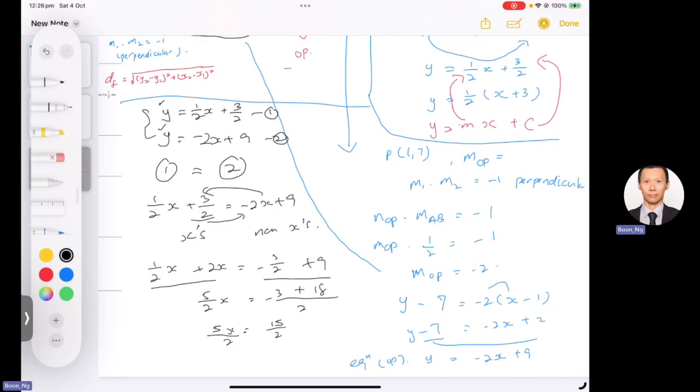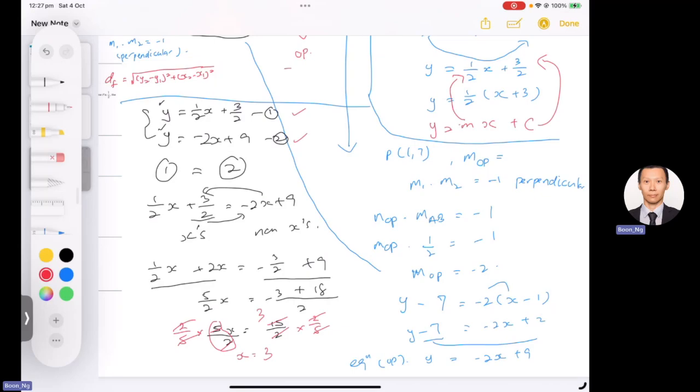Alright, so we can simplify. We multiply by the reciprocal of 5 over 2 on both sides. x is 3. Alright, and we have two equations.